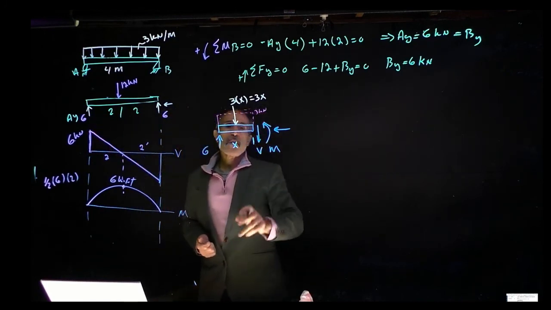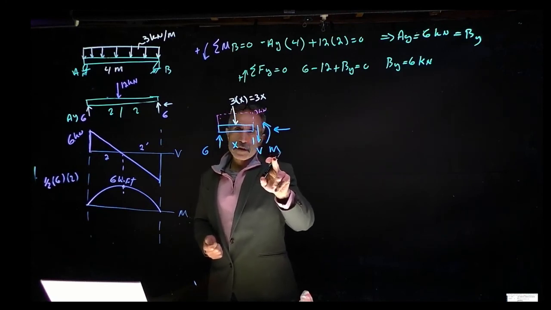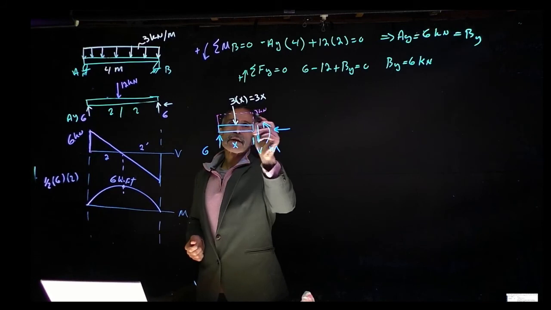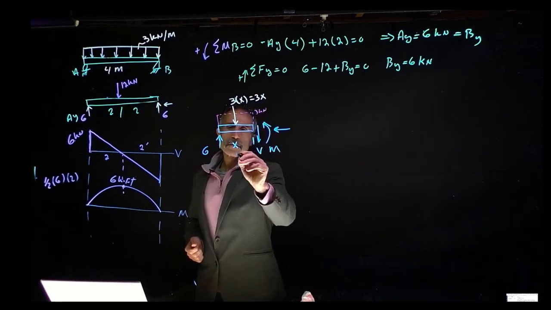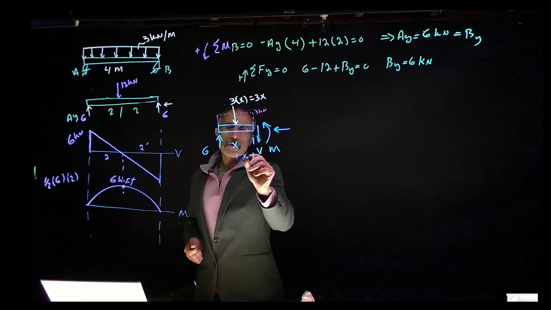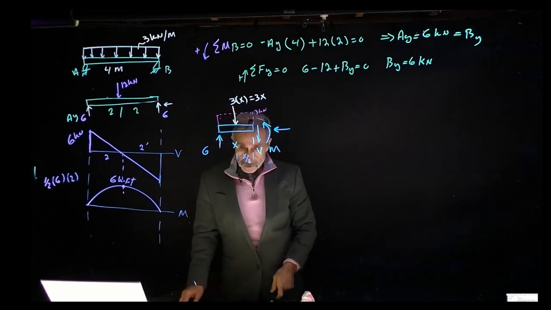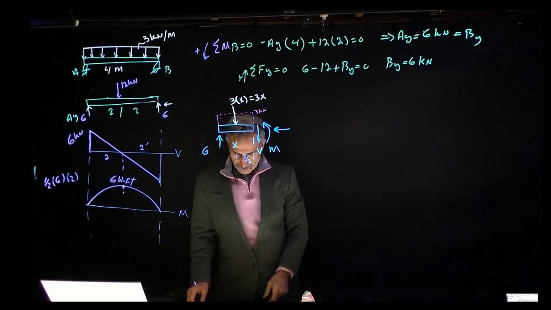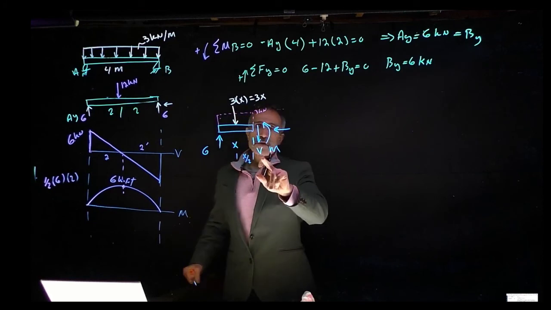Now I want to know what my shear and my moment are at any point x. This distance right here is x over 2.